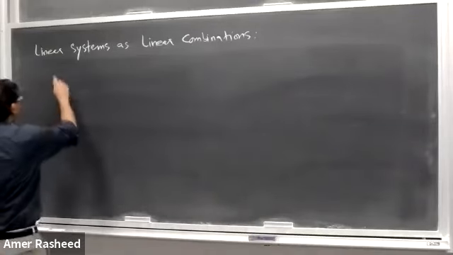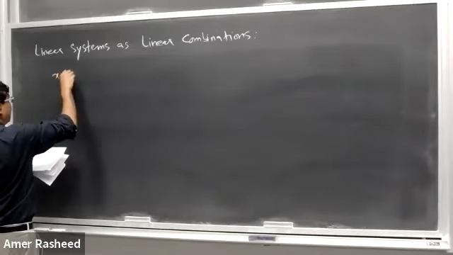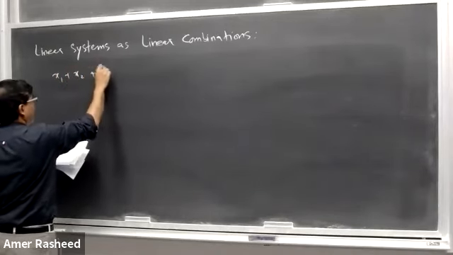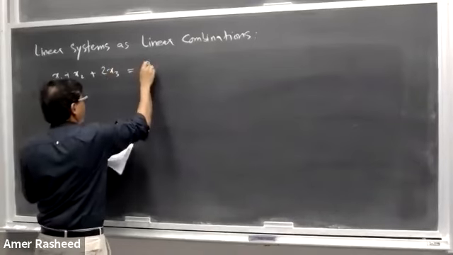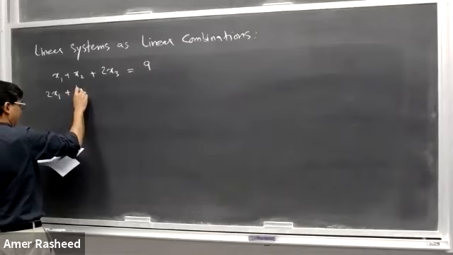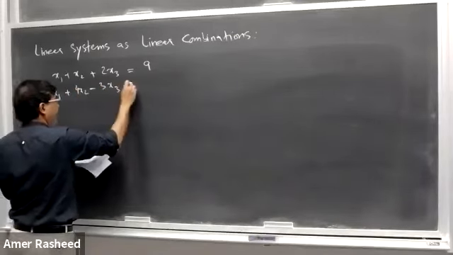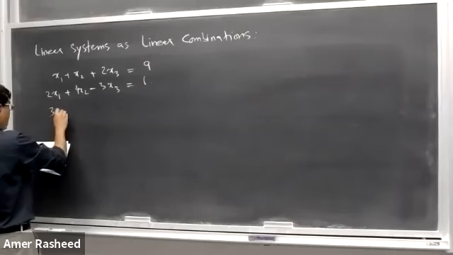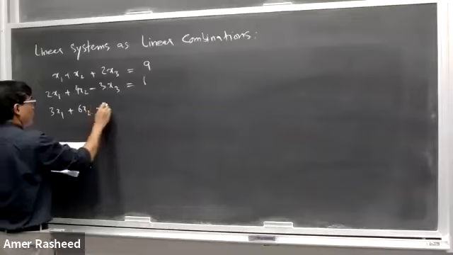For example, if we have a linear system of this kind, x1 plus x2 plus 2x3 is equal to 9, and 2x1 plus 4x2 minus 3x3 is equal to 1. This is an example on slide number 21 of the lecture slides 6. 3x1 plus 6x2 minus x3 is equal to 0.